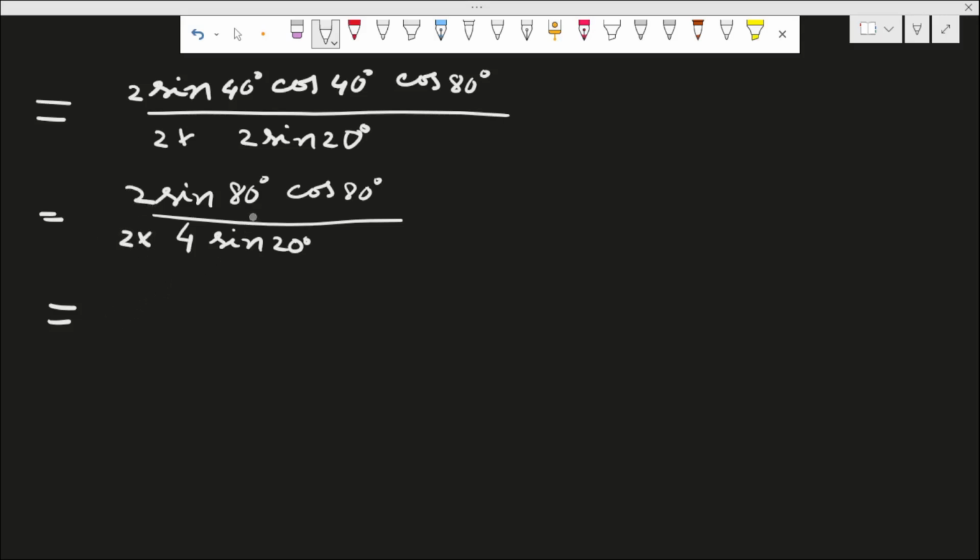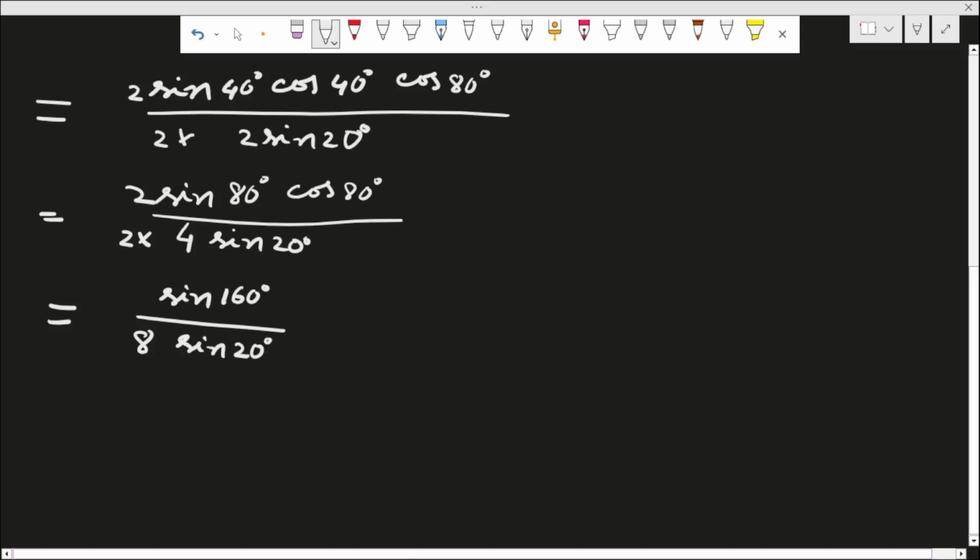So 2 sin theta cos theta means sin 2 into 80, that means 160 degree, by 2 into 4, 8, sin 20 degree. Here if we add 160 degree and 20 degree, we get 180 degree.